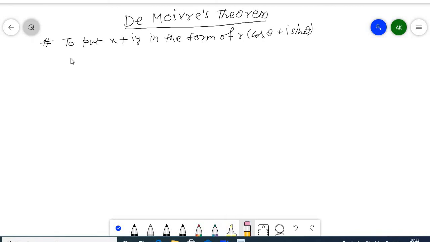For this we let x plus iy is equal to r cos theta plus i sin theta.